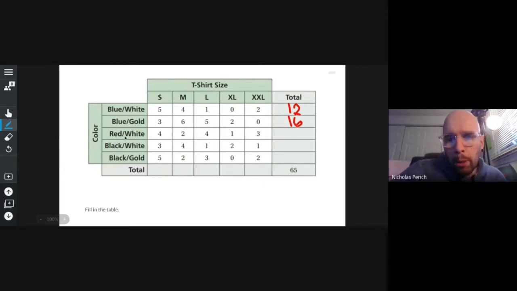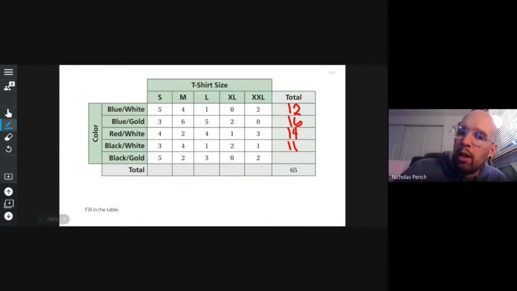The total amount of people who want red and white are 4 plus 2 plus 4 plus 1 plus 3 is 14. The total amount of people who want black and white are 3 and 4 and 1 and 2 and 1, which is 11. And the total amount of people who want black gold are 5 plus 2, which is 7, plus 3, which is 10, plus 0, which is 10, plus 2, which is 12.